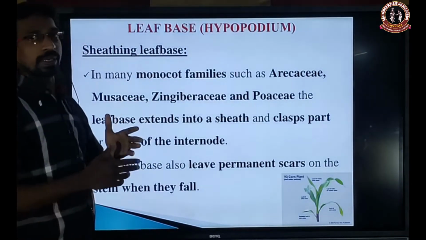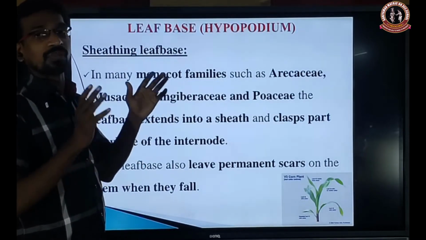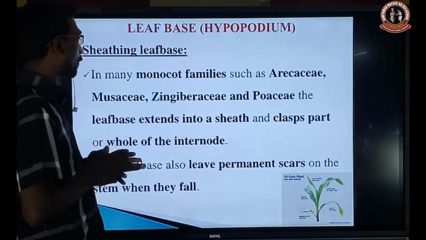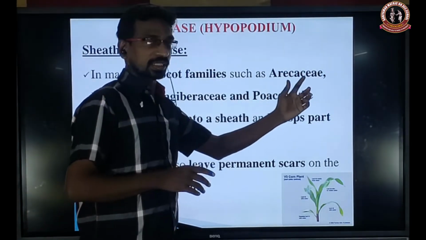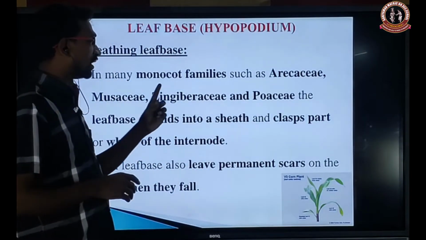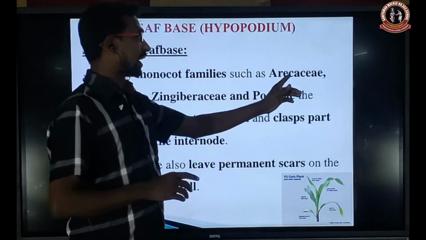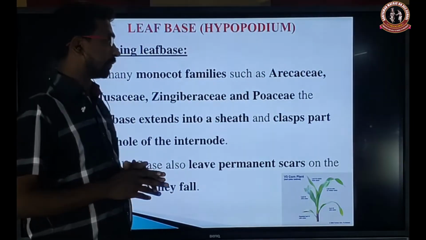Another type of leaf base is the sheathing leaf base. It is very common in monocot plants, in many monocot families such as Araceae, Musaceae, Zingiberaceae and Poaceae. These are all monocots.